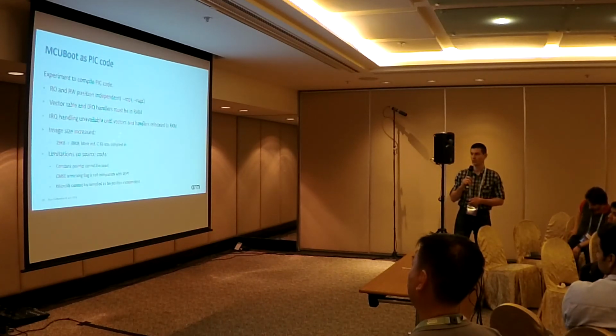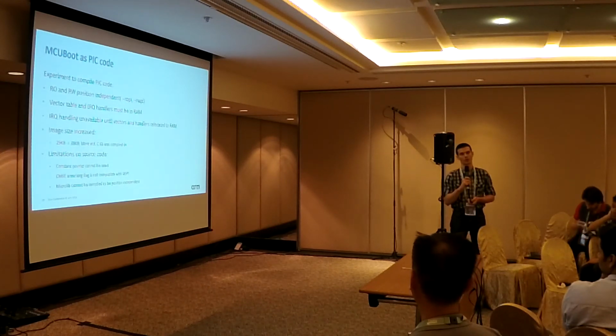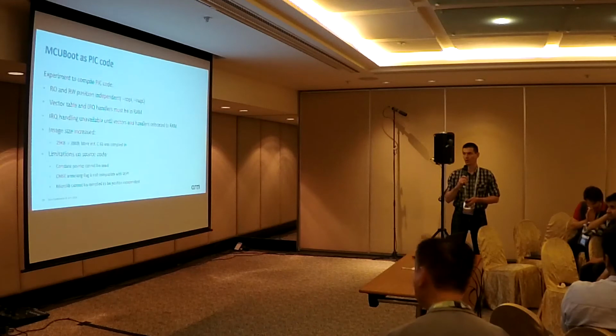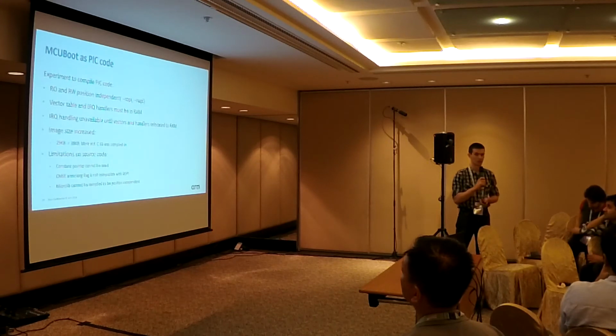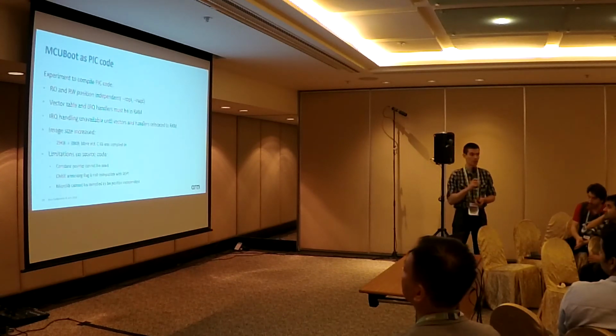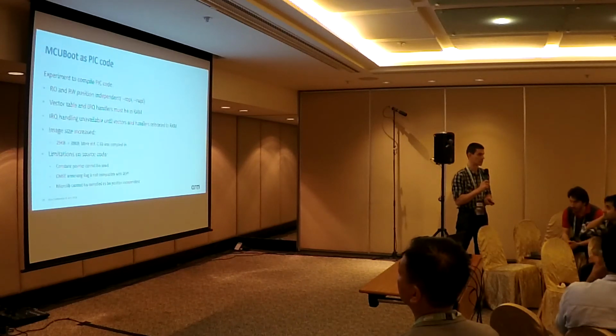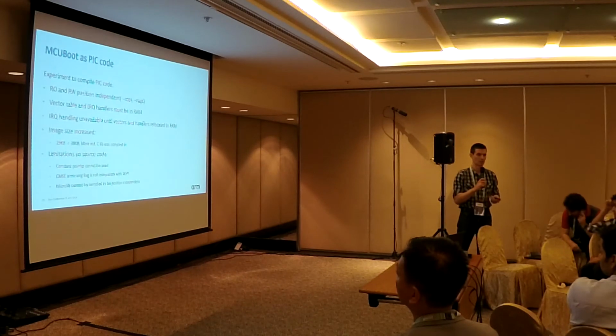It was quite interesting that it was not really the code of the crypto library or the code of the bootloader itself that became bigger; the compiler, for some reason, pulled in more C library functionality. It's still under investigation what the reason is that those functionalities were pulled in.